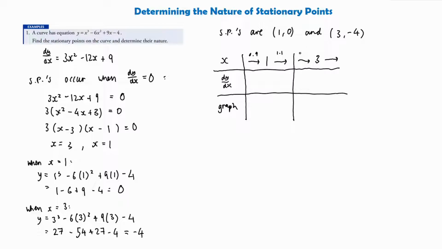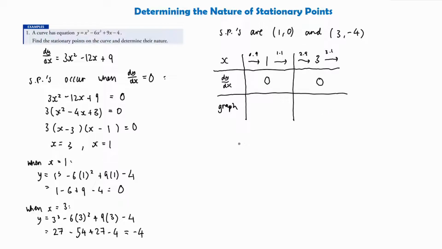Just before 3 we'll look at 2.9, and just after 3 we'll look at 3.1. Now we can start by substituting 1 and 3 into our derivative. If we sub in 1 and 3, we'll find that it should give us 0.